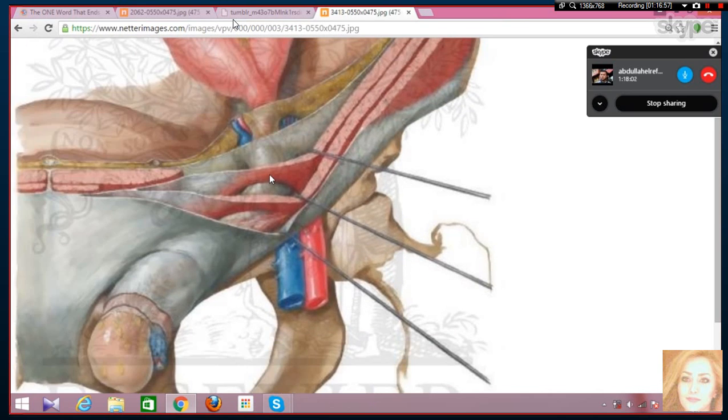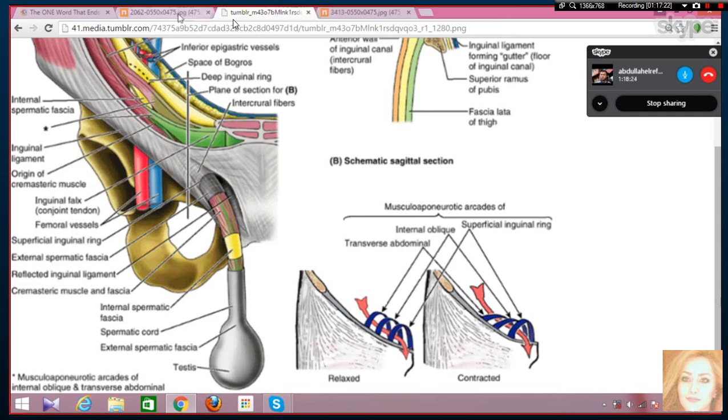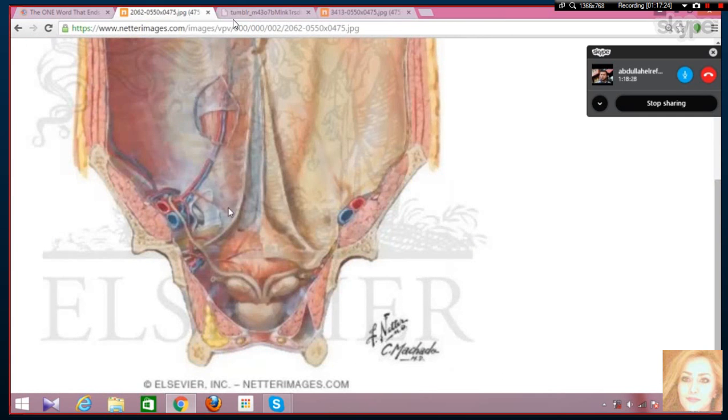If it is direct, it comes out from the superficial ring, right? You put your finger into the superficial ring and go up. Just imagine your finger is here. Which fossa is it in? If it is medial to the epigastric vessels, it is in the medial fossa.